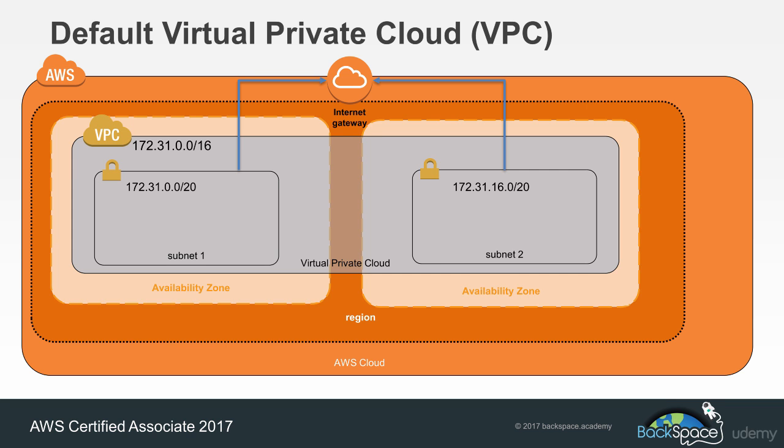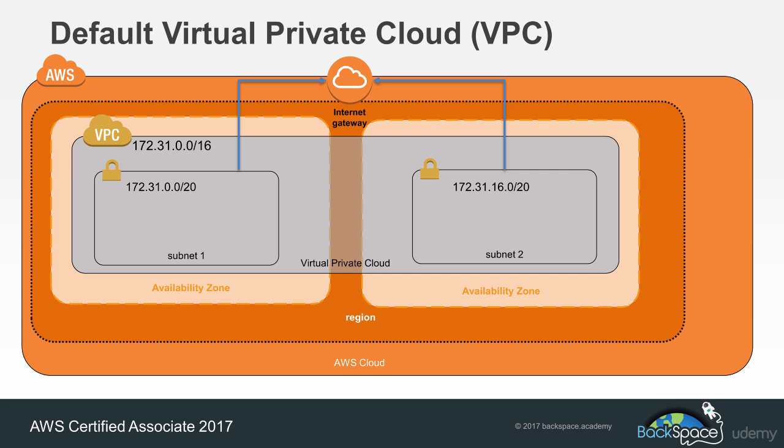And so those IP address spaces for those subnets will be 172.31.0.0 and 172.31.16.0. And if there is another availability zone, it would be 172.31.32.0. Now they are public subnets. So what that means is that there is already an internet gateway that has been created for the default virtual private cloud.